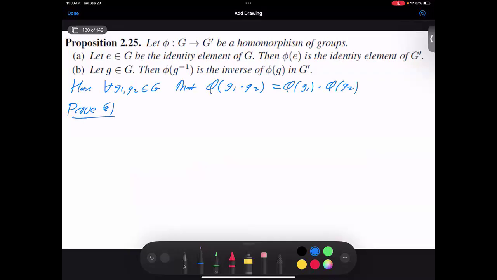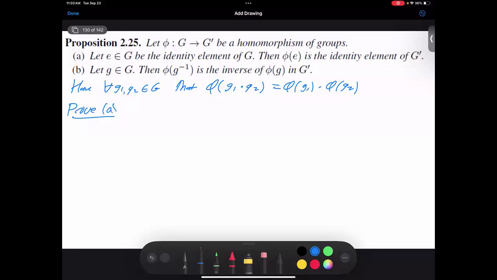So this is all we know. G and G prime are groups. We know phi is a map between them. And we know whatever we choose for g1 and g2, we have to have this relation. What should we choose for g1 and g2 for part A? We can choose anything we want.